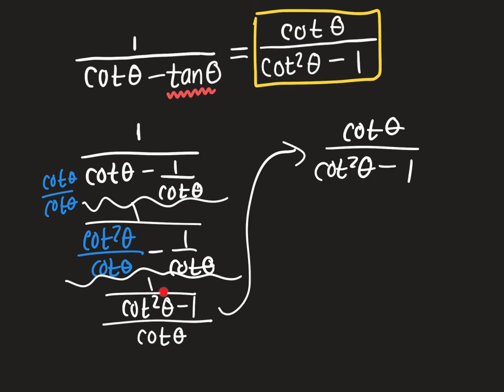So you have 1 over cotangent squared minus 1 over cotangent. You're doing 1 divided by that fraction on the bottom. And when you divide by a fraction, you flip it and multiply. But it's just 1, so it's just flipping.